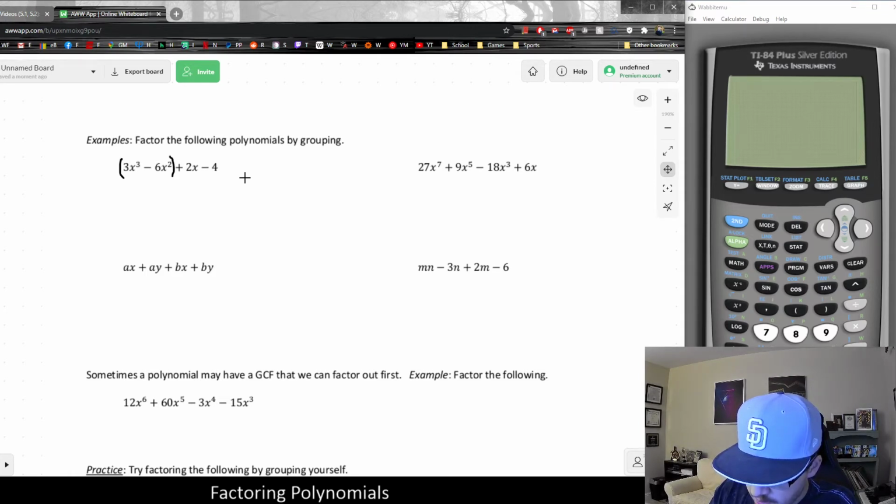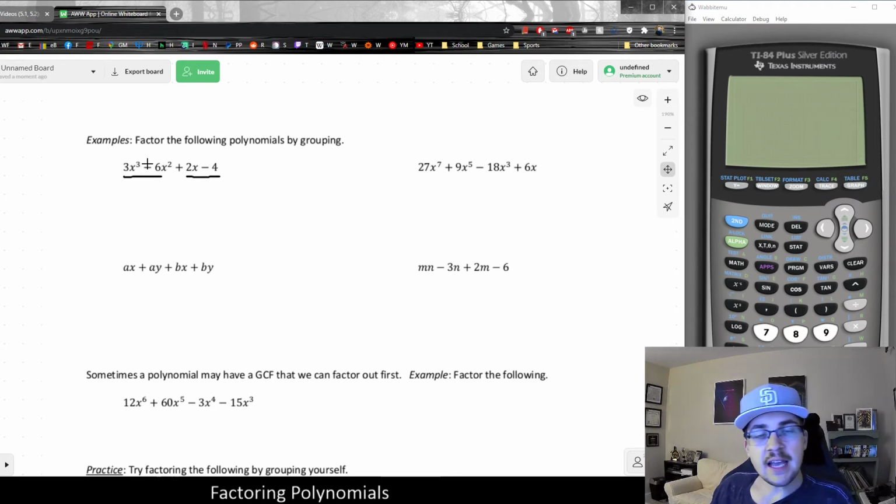I'll put them in parentheses like this. But be careful, because if there's a minus in between, you're not allowed to just insert parentheses anywhere within a polynomial. So what I often do instead is just underline them like that. But anyways, that's step 1.